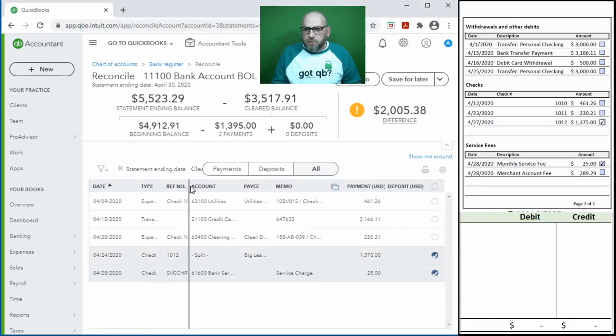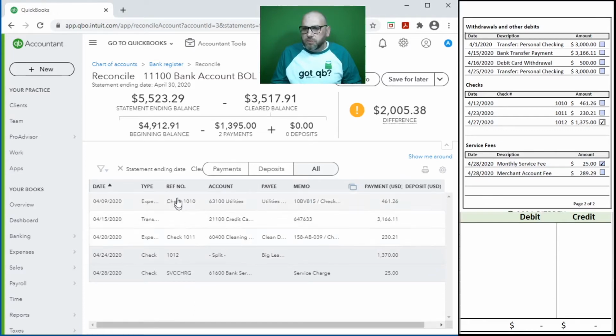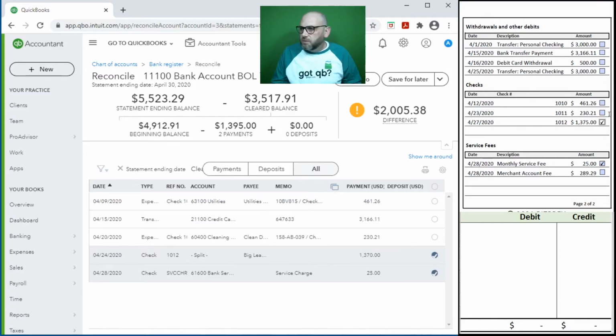The other one is showing up in the reference number where we posted. That's why it's important to post it where we can. And here it is. We know that's our check, even though we didn't book it through the check interface. This one. And then we have a payment.